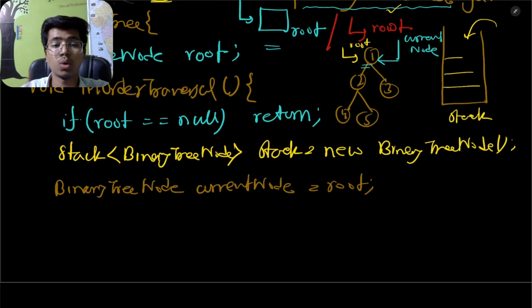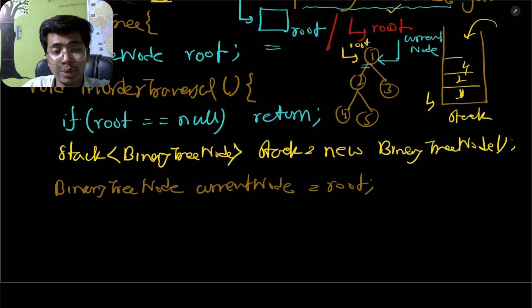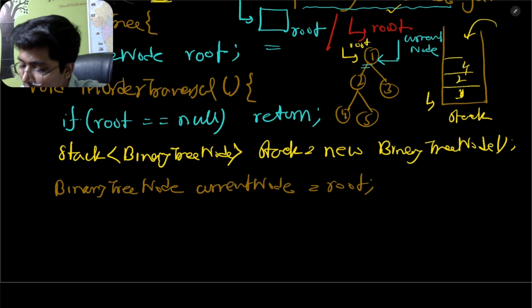Now we'll be checking two conditions. If our stack is not empty, that means there are elements like 1 2 4, so we'll continue the loop. And if our current node has a value, then we'll also proceed.